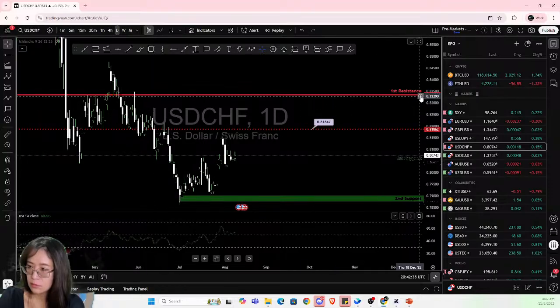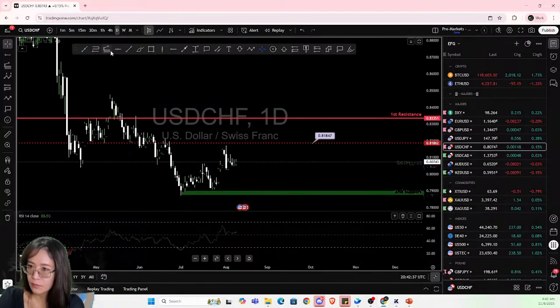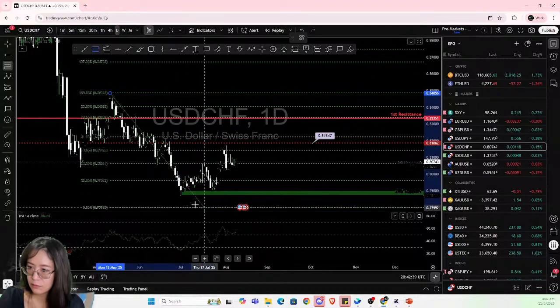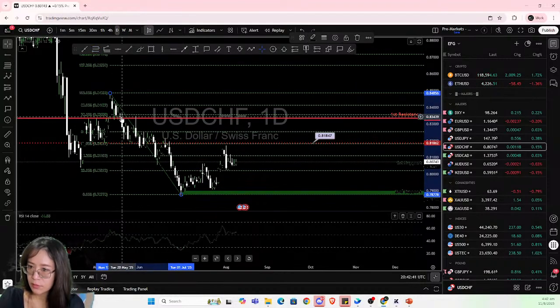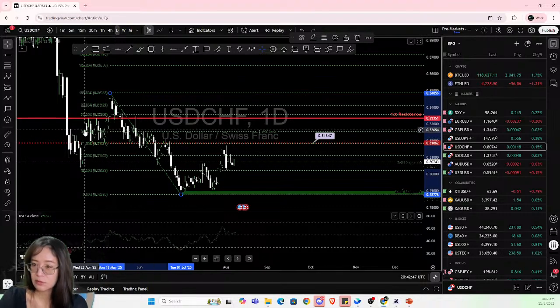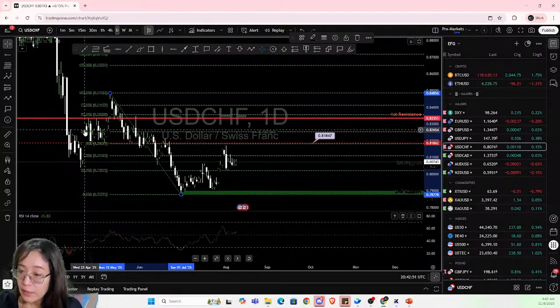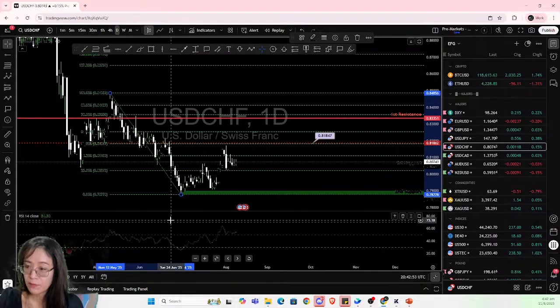I will use the Fibo 78.6%, 50% for intermediate resistance, then there is 61.8% here. You may have a question, Peggy, there are so many Fibonacci levels, so which one is valid? Which level should I use?